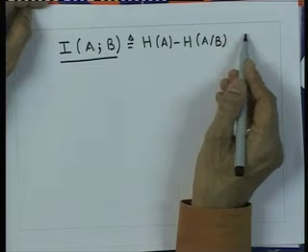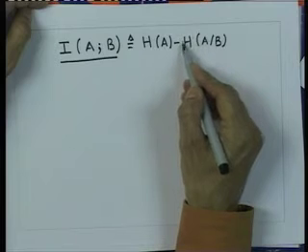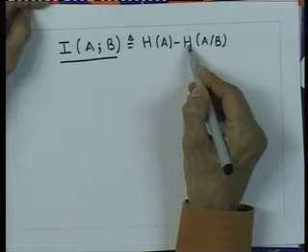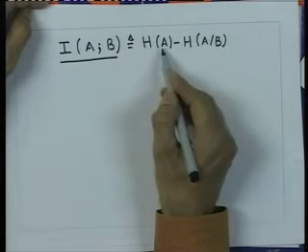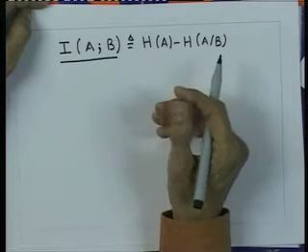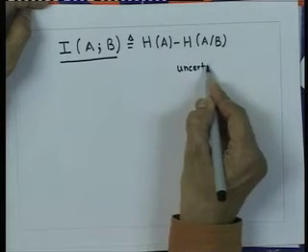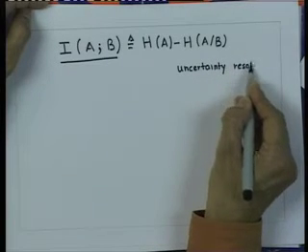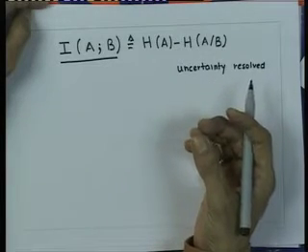On observing B_j, the output symbol, the entropy on the average, or the uncertainty about the input symbol, is H of A given B. So, what it means is that the difference of these two entropies should be the uncertainty resolved. So, I can interpret this as the uncertainty resolved, or the amount of information which I have received.